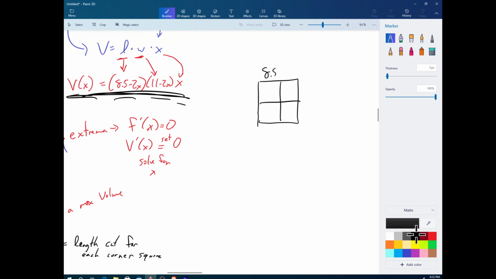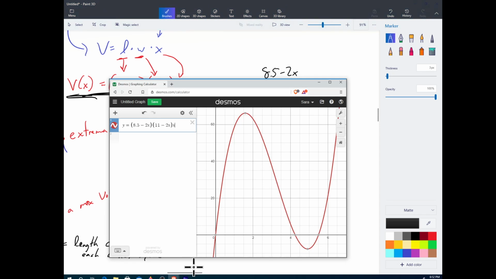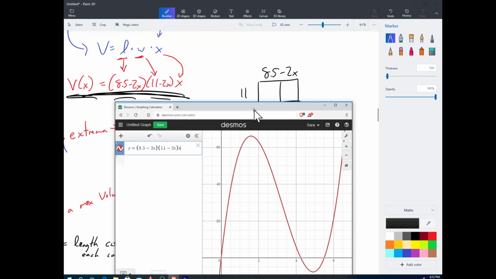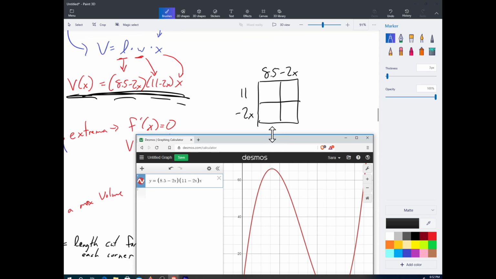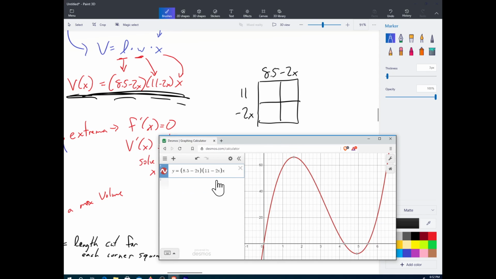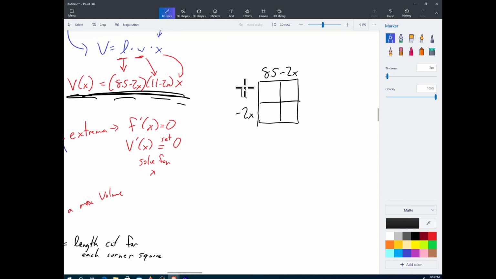So we have 8.5 minus 2x, 11 minus 2x, and this is where I'm totally going to cheat with the calculator, because I can do equations until the cows come home, but my weakness is numbers. All right, 93.5. And then minus 22x. Let's see, this would be minus 17x and plus 4x squared.